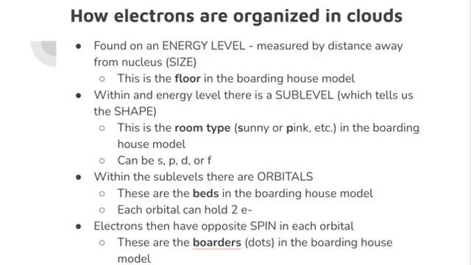So if we think of the hotel or a house, and where people are staying, the higher the level, the further away from the nucleus you are. Within the energy level, so within the floor of our boarding house or our hotel, there is what's called a sublevel.